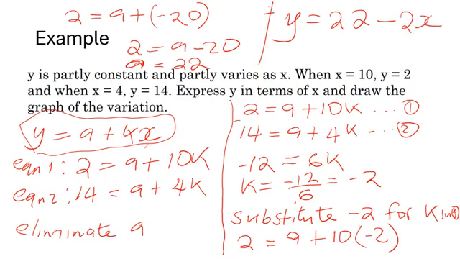So the relationship is y is equal to 22 minus 2x. So the relationship between y and x is this one. Okay, so let's take this onto graph paper and see what it gives us. Now it's y is equal to 22 minus 2x.